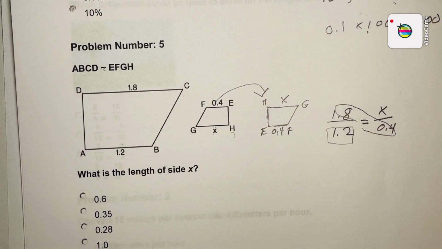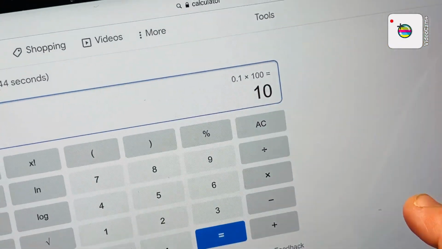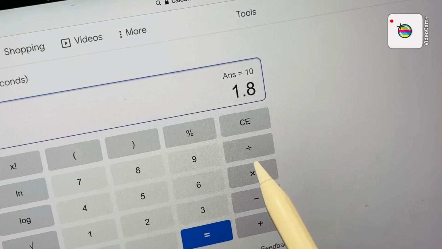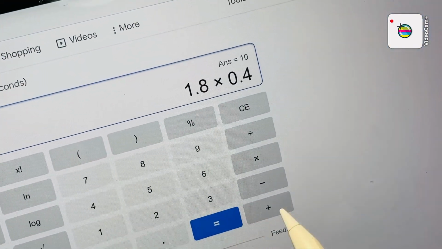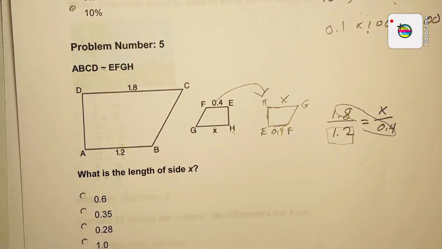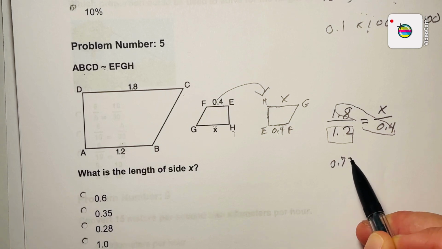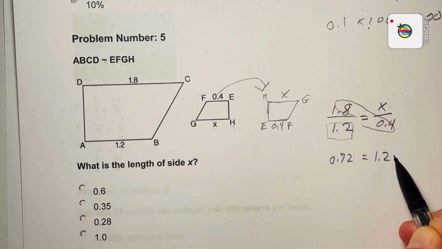So, what is 1.8 times 0.4? 0.72. And 1.2 times x is just 1.2x.